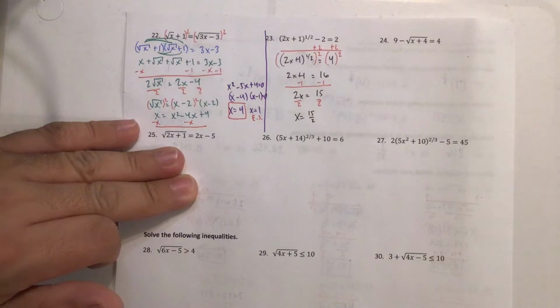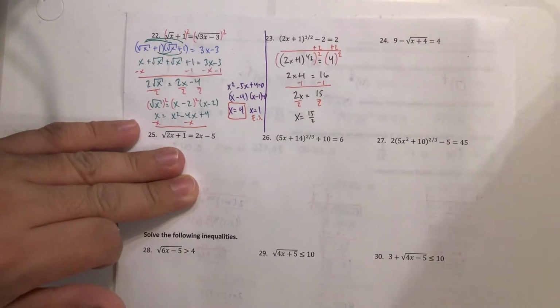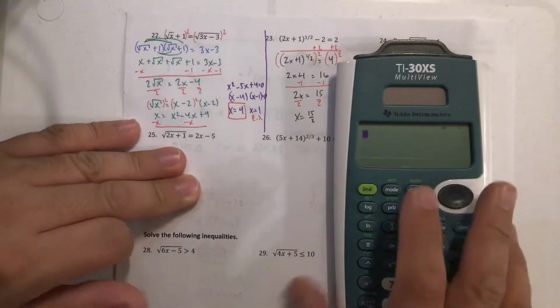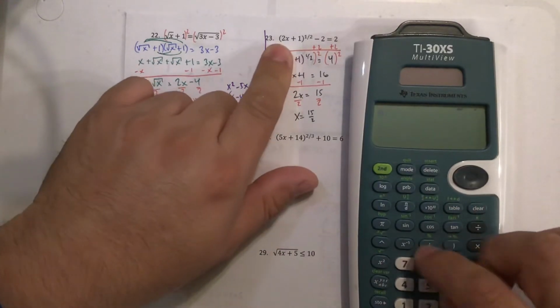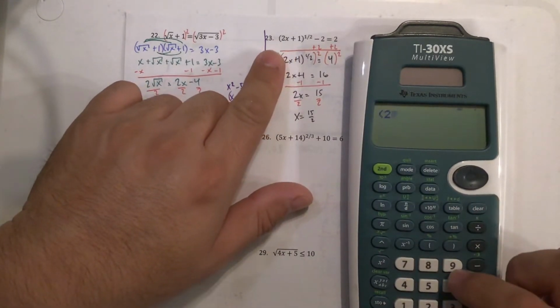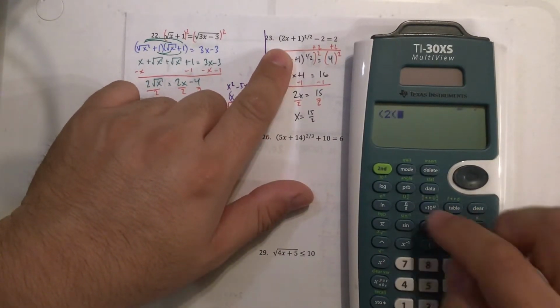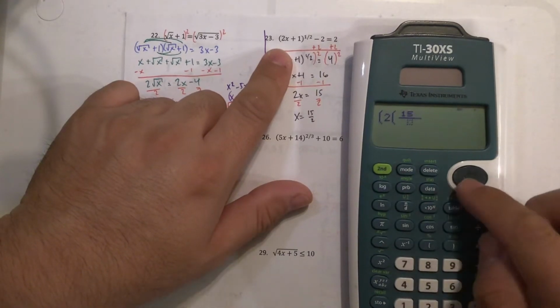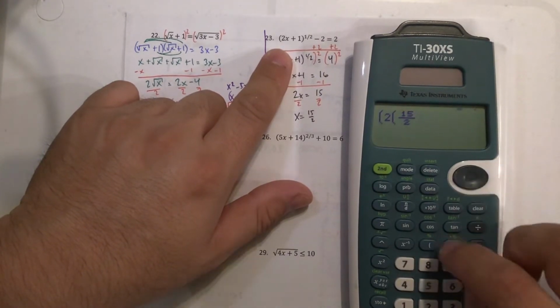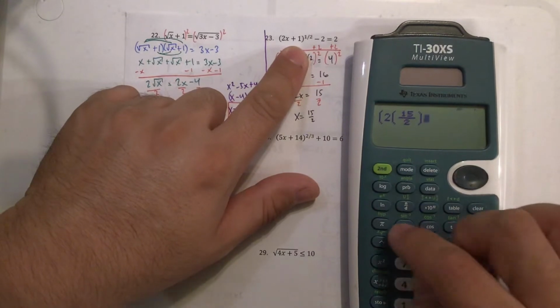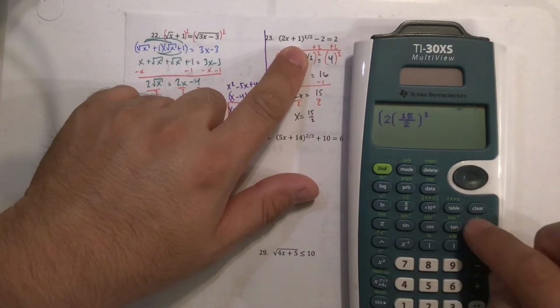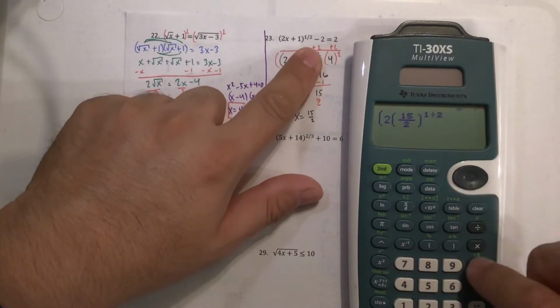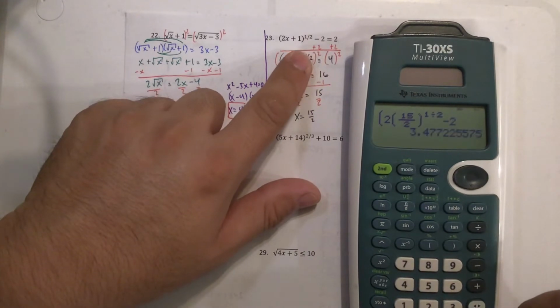And let's go ahead and just verify that this answer does work. All right, so we're going to go into the original. Parentheses 2 and x's parentheses 15 over 2, raised to the 1/2, minus 2, and it should equal 2, which it doesn't.